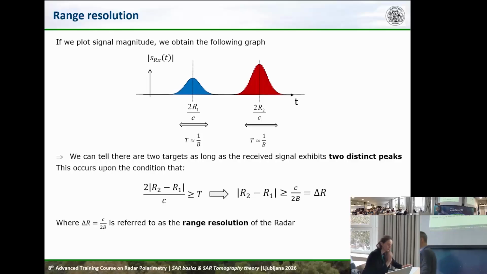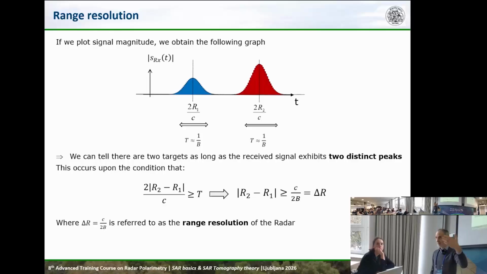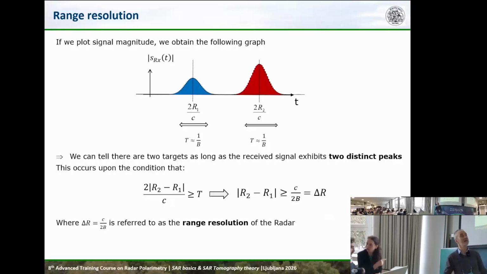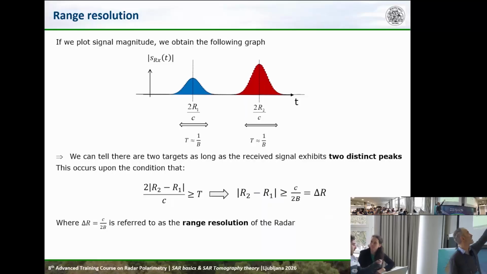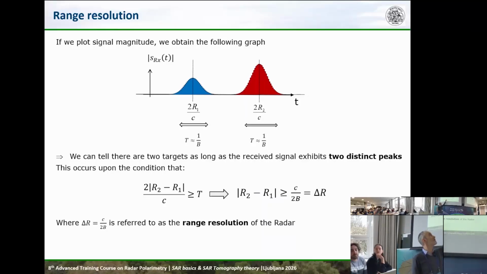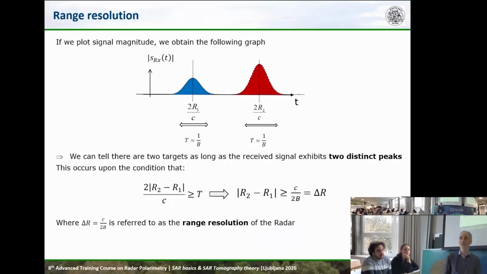So for this, we say that the radar is able to resolve two objects because they have different distances, as long as we are in this condition. We say that as long as the difference of the delays, so twice (R2 minus R1) over C, is larger than the pulse duration, and we say that the pulse duration is more or less the inverse of the bandwidth, we can draw this conclusion.